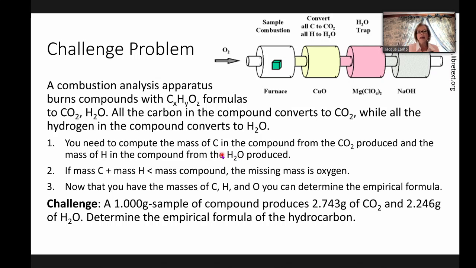If the compound contains anything other than carbon and hydrogen, you will get oxides of sulfur or nitrogen. And if the mass of the carbon and the hydrogen that you calculate is less than the mass of the compound you started with, then that missing mass is due to oxygen in the compound. Once you have the masses of carbon, hydrogen, and oxygen, you can determine the empirical formula.